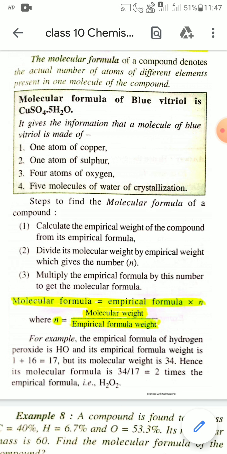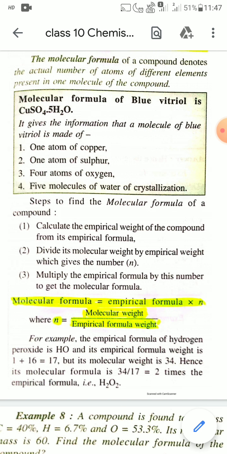So what is the value of n? You know that n is equal to molecular weight divided by empirical formula weight. The molecular weight of hydrogen peroxide given here is 34, and the empirical formula weight is 17.